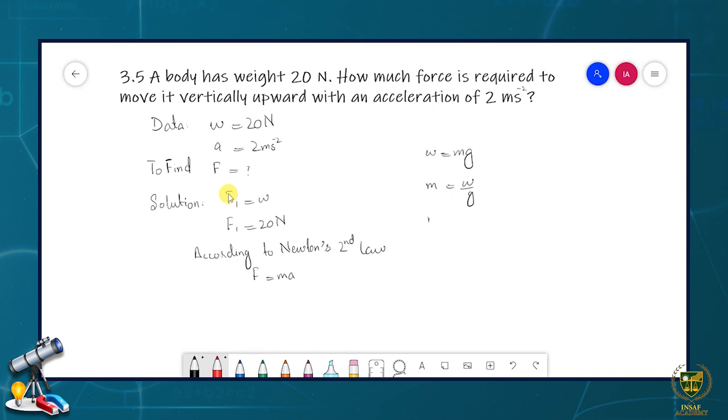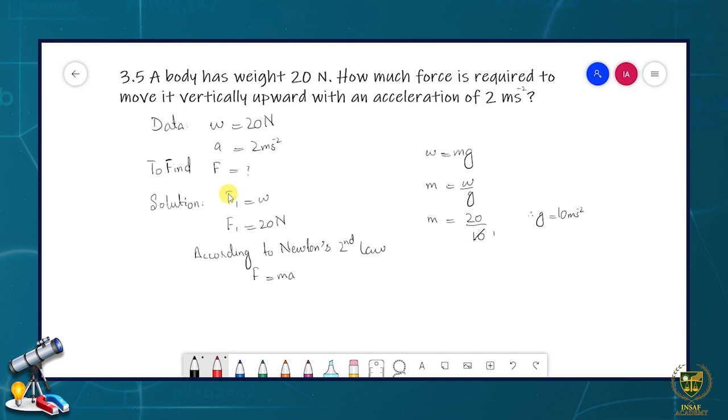Simply we have to put the values in it. m is equal to W, the weight, which is 20 Newton, divided by g, the gravitational acceleration, which is 10 meter per second square. So we know that g is equal to 10 meter per second square.